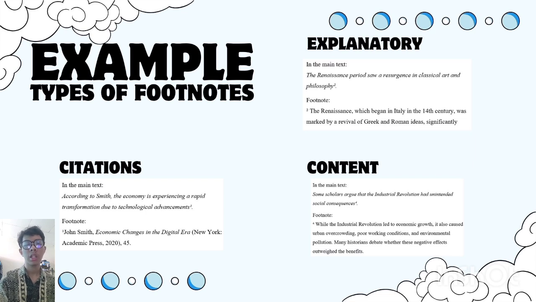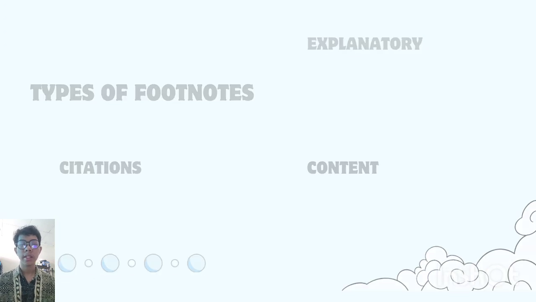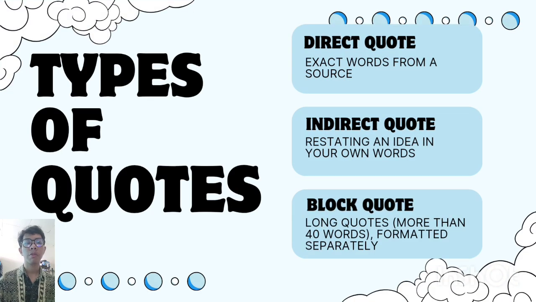These citations add information about where we get the source. So the second is explanatory. These explanatory footnotes will explain more about the text, and the content will add information for our text.